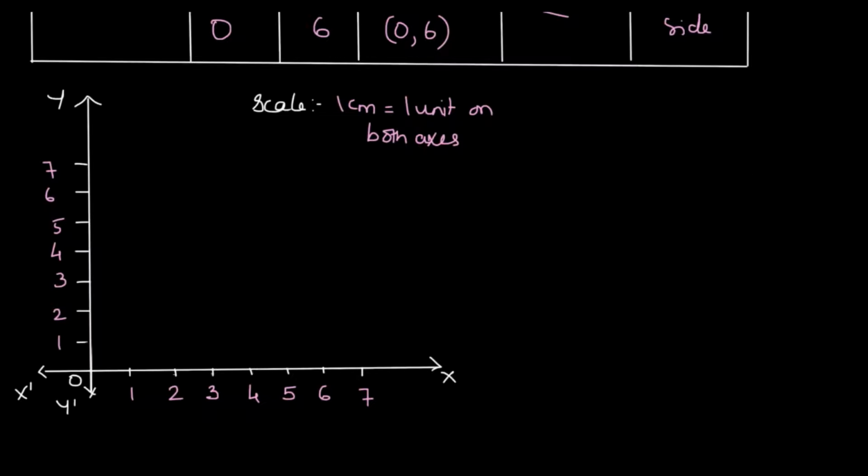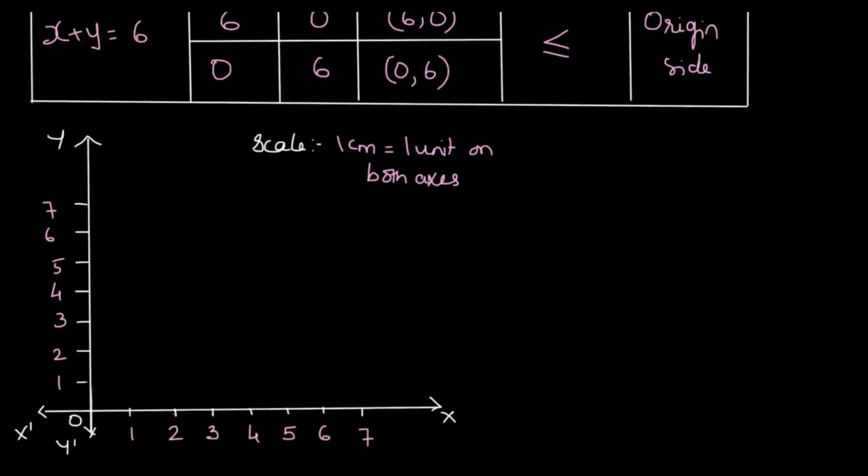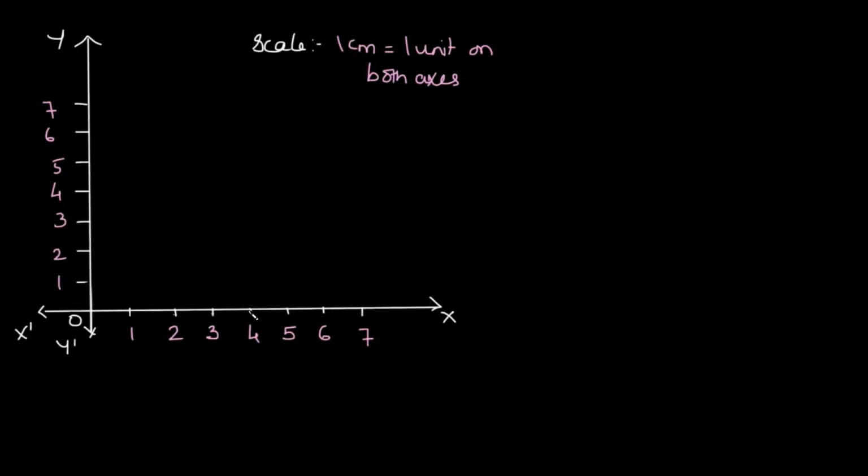Then the first point over here is (4, 0) on the x-axis, that means the point is over here, and therefore our line would come out this way, passing through (4, 0) on the x-axis. So this is the required line.